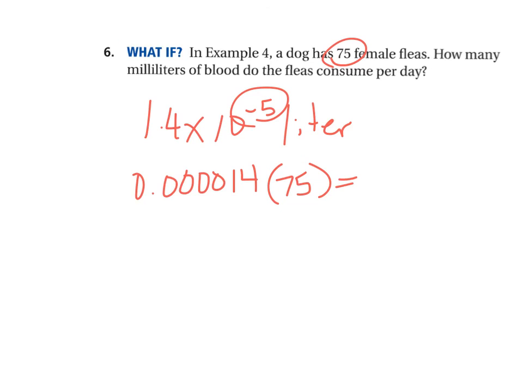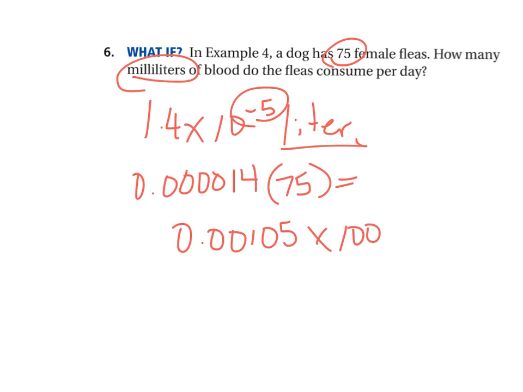0.000014 times 75 is going to give you 0.00105. Okay, so this is in liters so far, and we need to change it to milliliters. So then after you've done that, you need to multiply this number times 1,000.